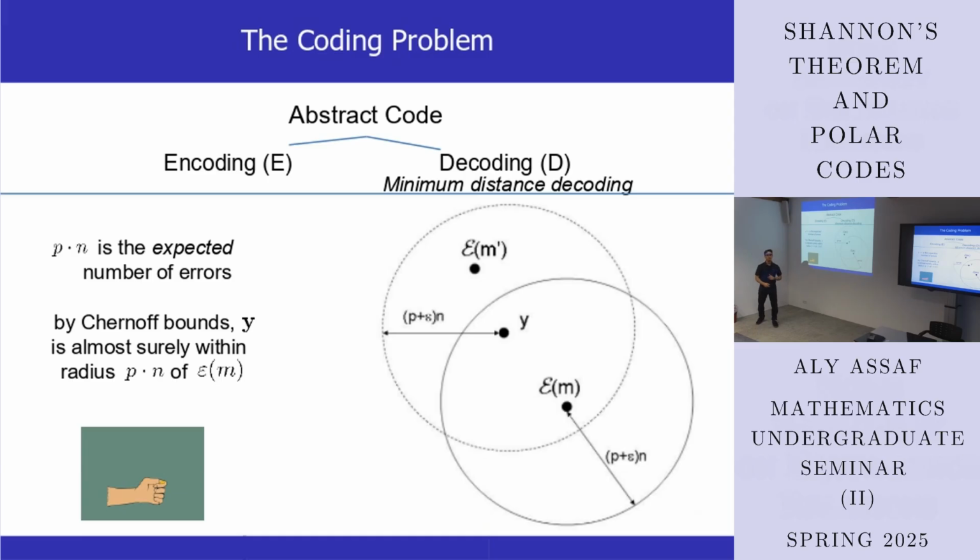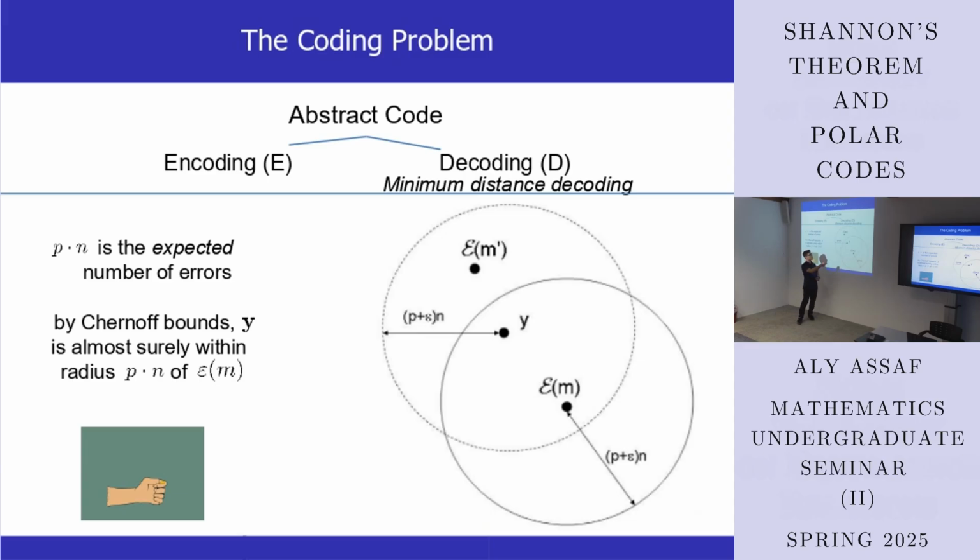Now, pn here represents the expected number of errors, the expected distance from the original point that Y will be at. And for those who like maths, we know that this is going to be a very nice clean circle, not fuzzy, because of the Chernoff bounds, if n is large.